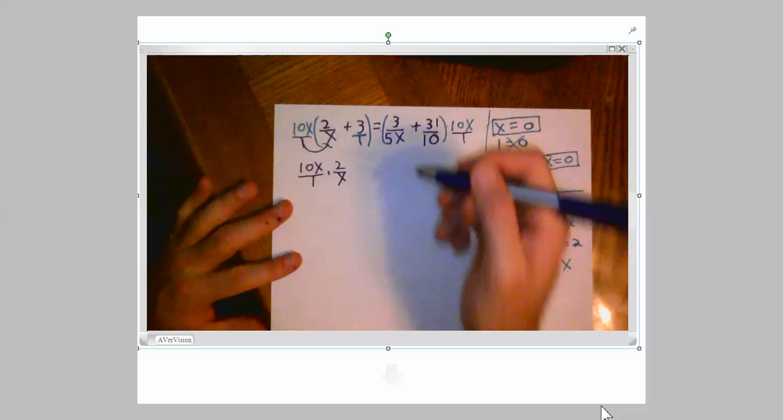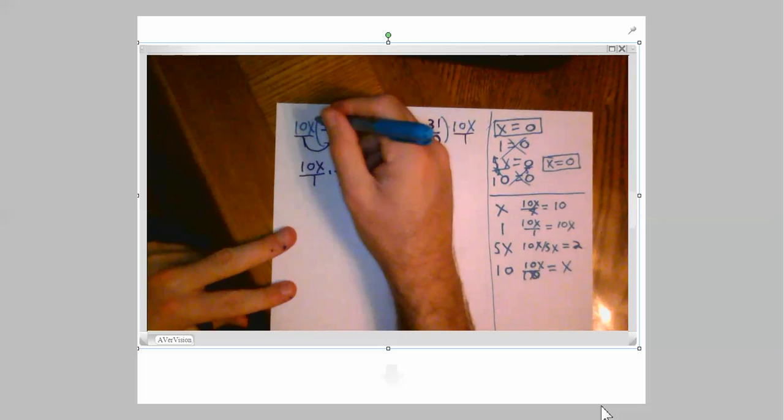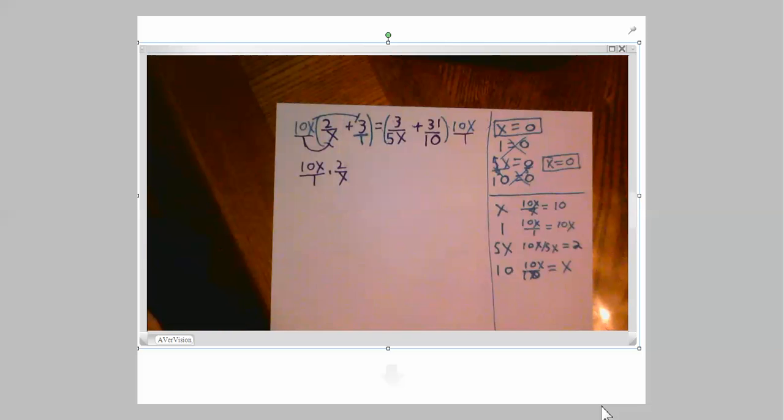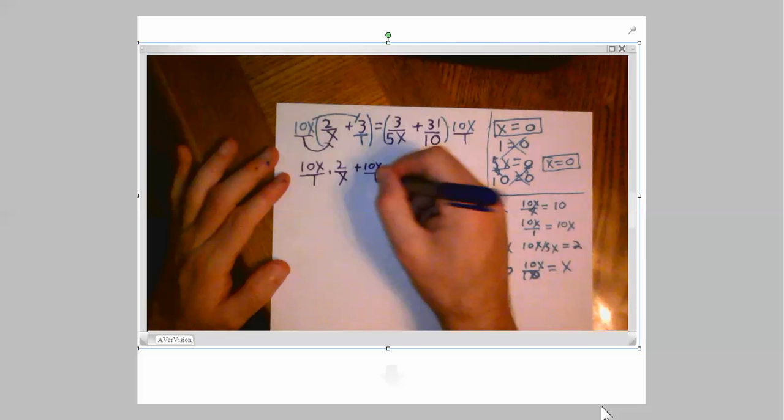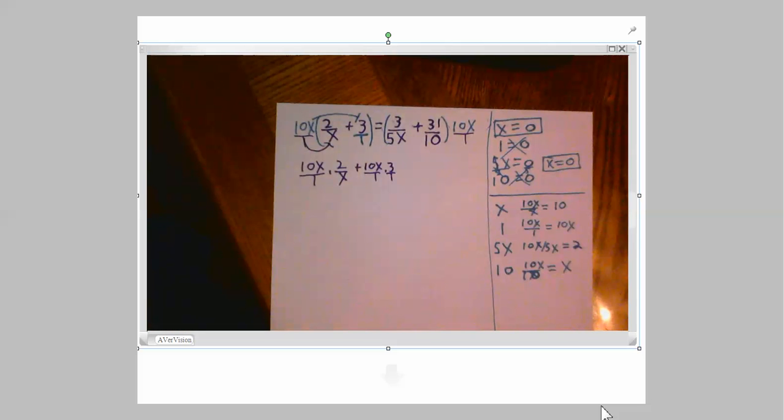Now I'm going to distribute to the second fraction, plus 10x divided by 1 times 3 over 1. And of course, we don't need the 1's there. It's just going to be 30x.